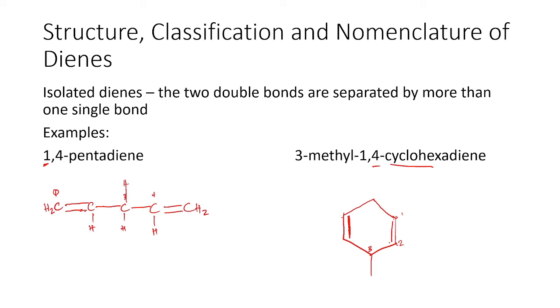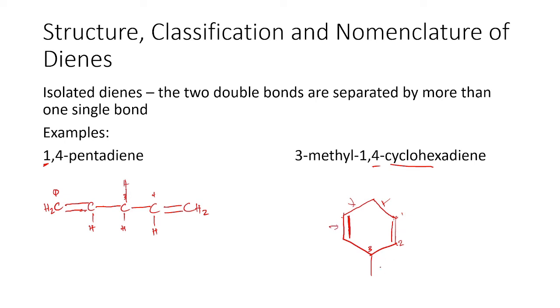Okay. So in that, as you can see here, our double bonds are actually separated by two single bonds on either side. So we have our double bond, single bond, and double bond.